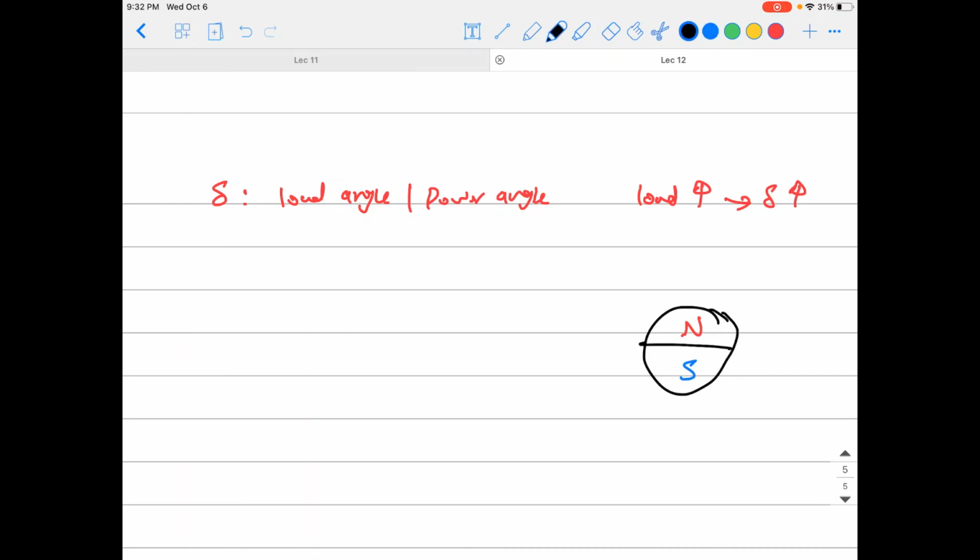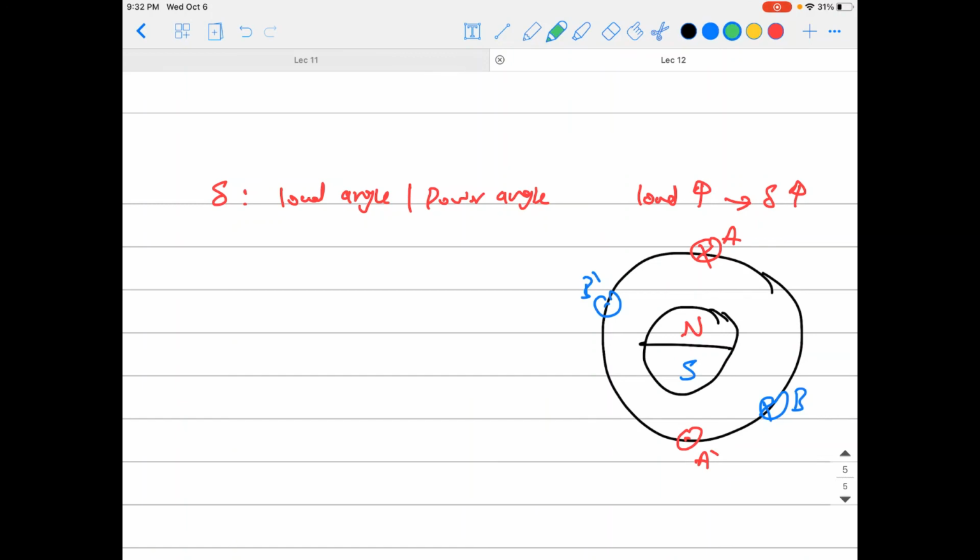And here the stator with its three-phase winding, A dash, B dash, and C dash. Like I said by the end of the last lecture, and that's very important, if you don't remember, please review it.